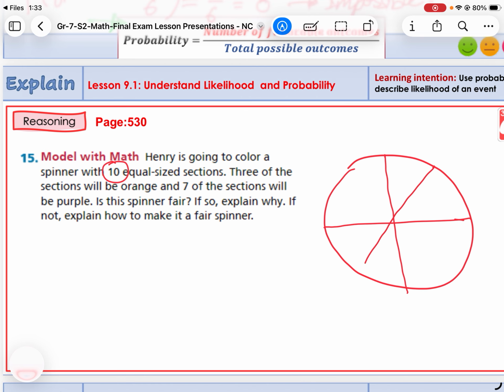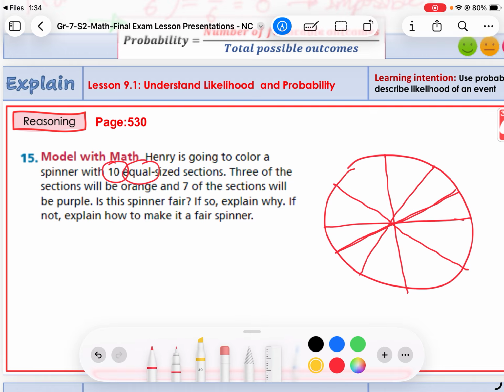Okay, I'm gonna try to draw it. These are 8 sections. Where do I put the 5th one? Okay, it's not working. So let's put it here. Yalla. Okay, imagine they're equal because he said what? Equal sized sections. He said 3 of the sections will be orange color.